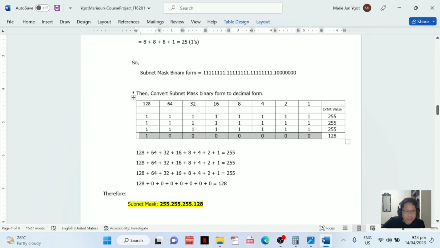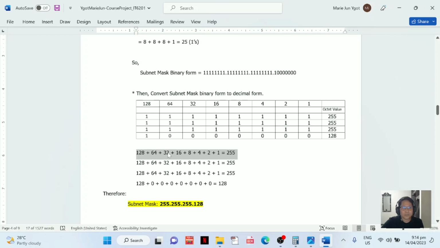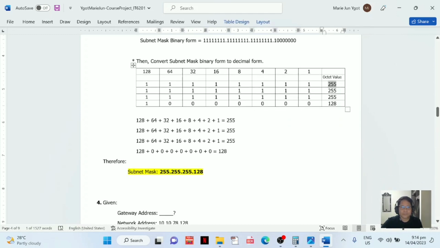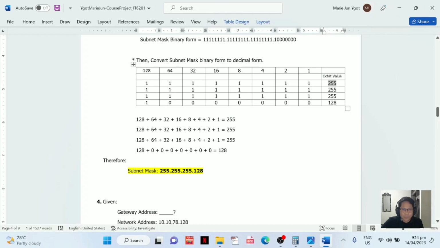Since this is all ones, we have to add all these values: 128 plus 64 plus 32 plus 16 plus 8 plus 4 plus 2 plus 1 is equal to 255. So our first octet is 255. Now let's move on to the second octet.